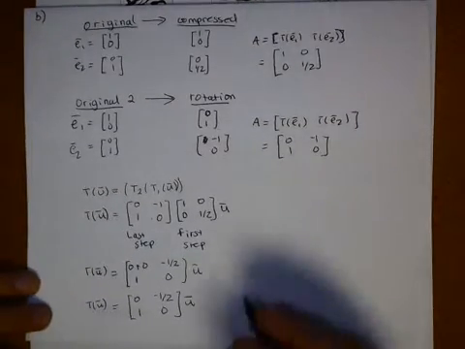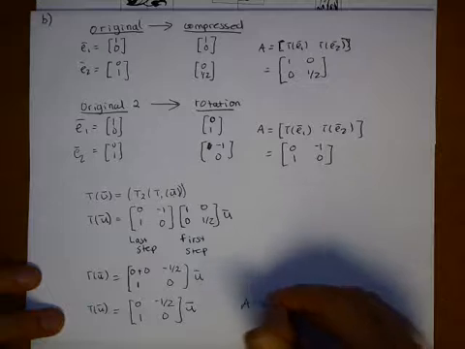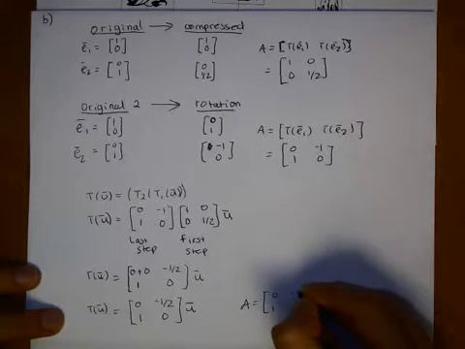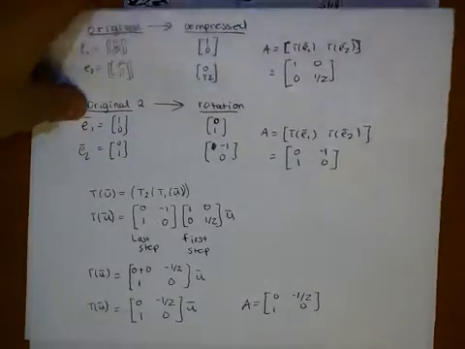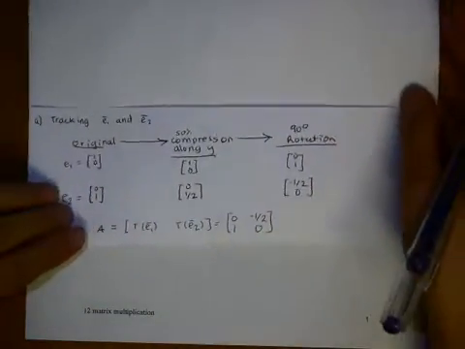So now we have our matrix for the whole transformation is equal to this, which if we look back to the other way that we solved our problem, it's the same matrix.